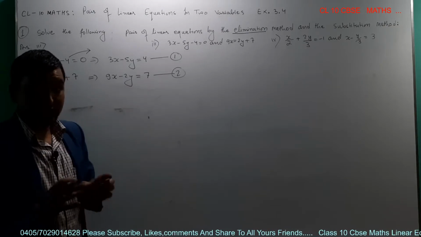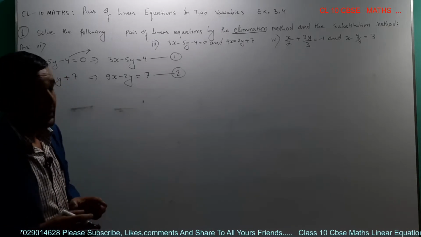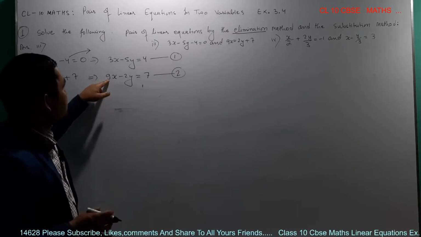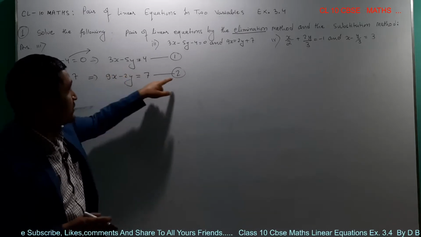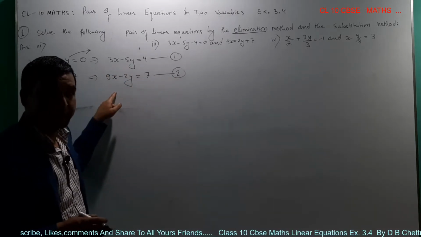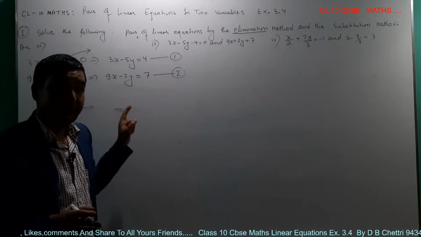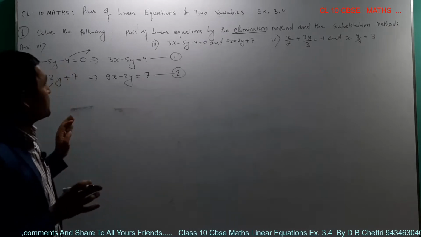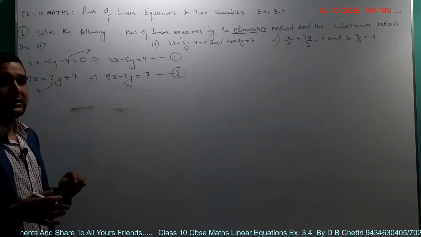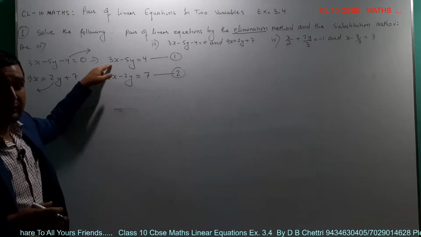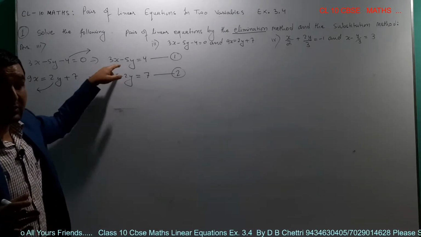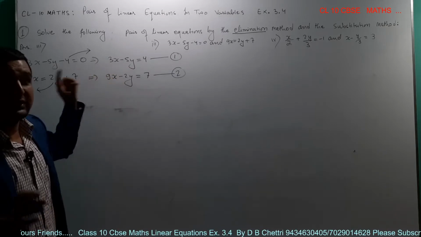Otherwise, if you are getting confused, then just exchange: take this 9 and multiply to the whole equation, and take this 3 and multiply to the whole equation. What do you want to do? You want to exchange their coefficients to multiply, or you want to simply take 3 to multiply equation 1? Yes, you want to simply take 3 to multiply equation 1 to make their coefficients the same.